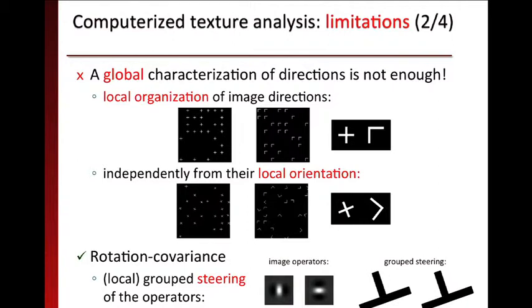rotation covariance. Rotation covariance consists of a local group steering of the operators. So imagine that we have these two image operators, where this one characterizes, for example, image directions, vertical directions. This one characterizes the orthogonal directions, so let's say horizontal.